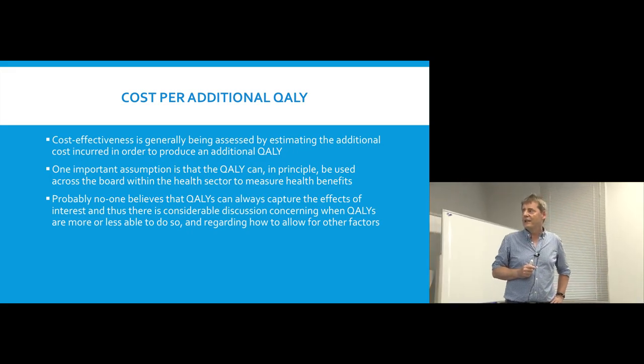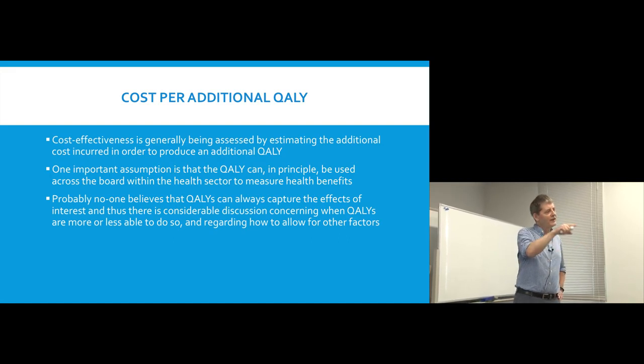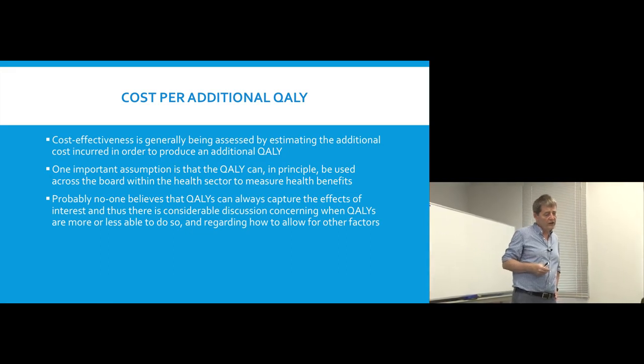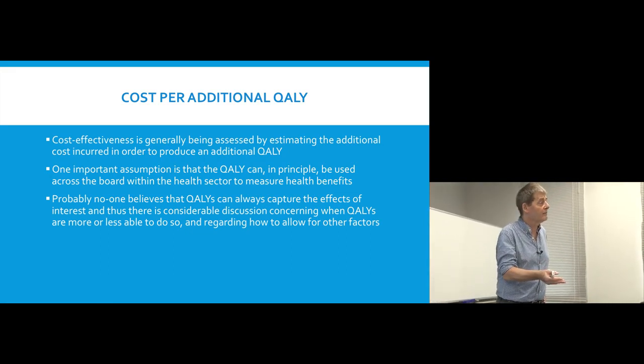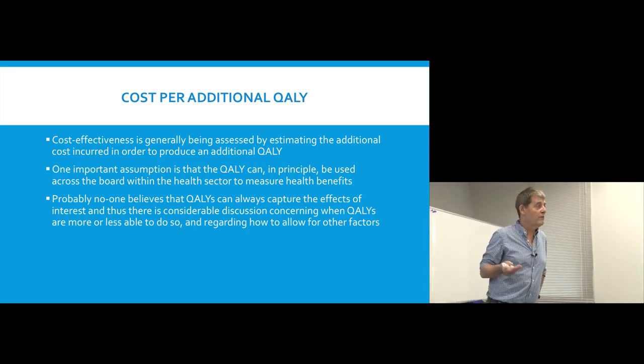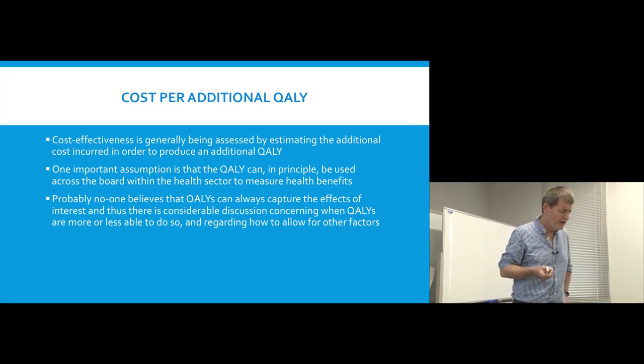It's the dominant approach because in principle, you can use it in lots of different areas of healthcare activity. You could use it to look at new strategies for screening for cancer. You could use QALYs to measure outcomes when you're looking at new treatments for plaque psoriasis. You could look at new drugs for preventing cardiovascular problems such as stroke or myocardial infarction.